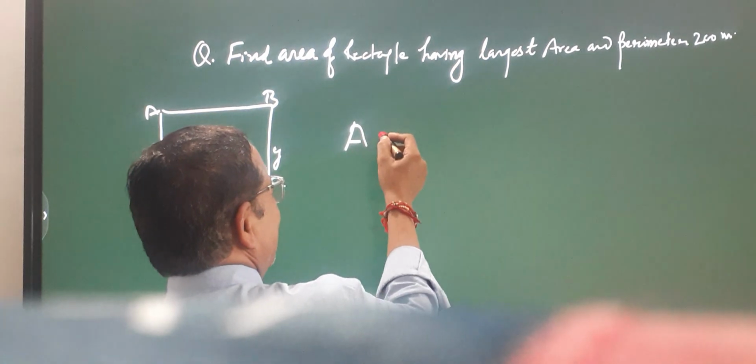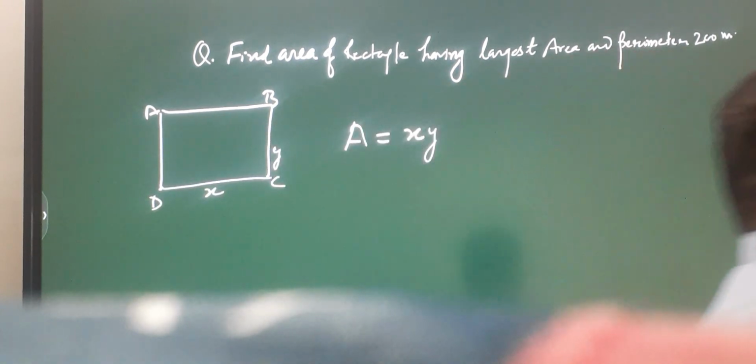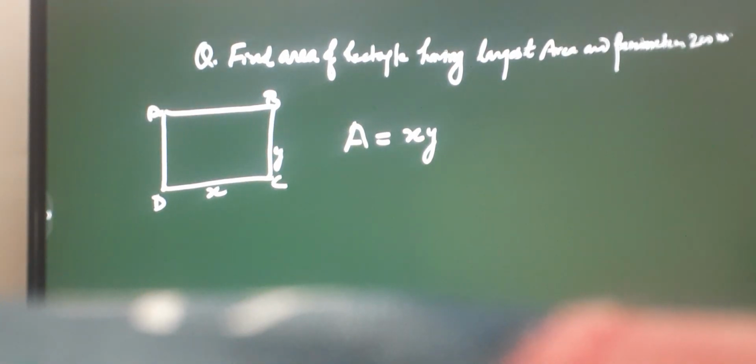So what is the area? A equal to x into y. You know very well that differentiation is defined only for two variables at a time. We did parametric problems as well, where we put the three variables into two: first x and t, then y and t. Differentiation is a comparison of change between two physical quantities, but how many variables are here?